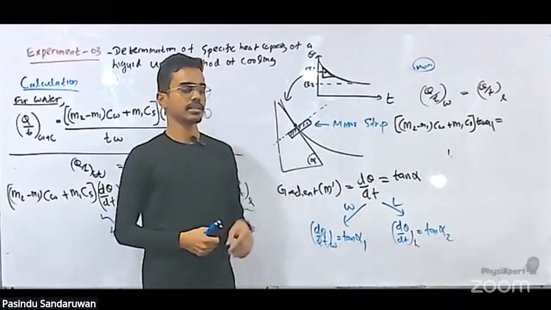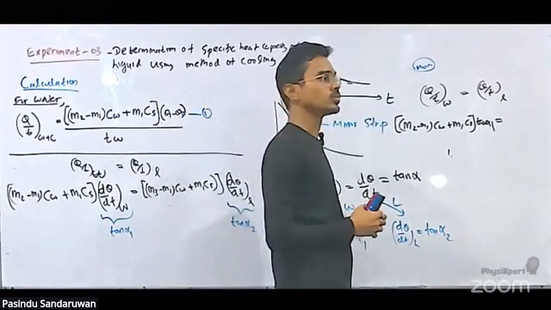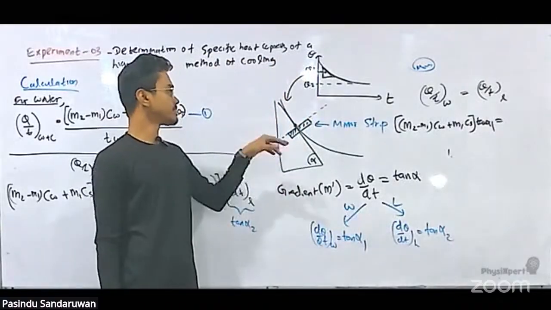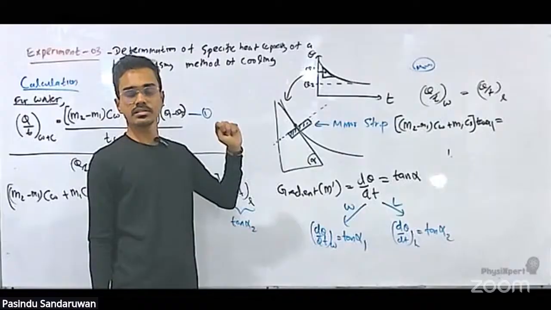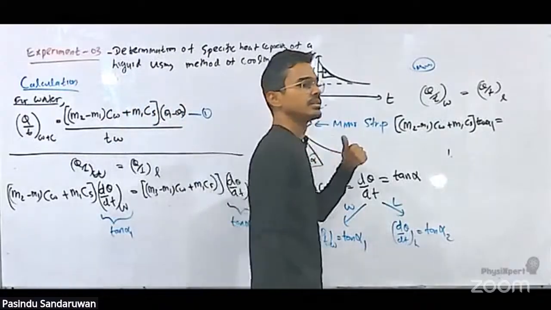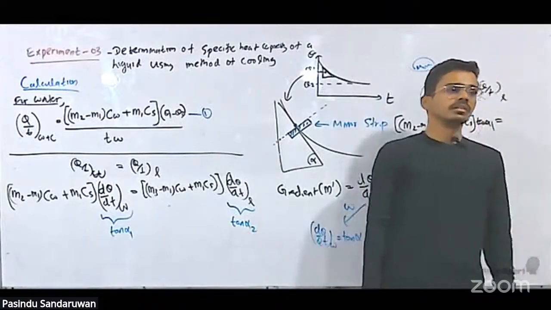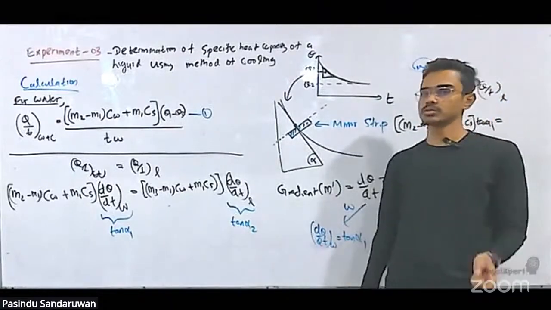Next step, remove the mirror strip, and construct a normal to the previous line.